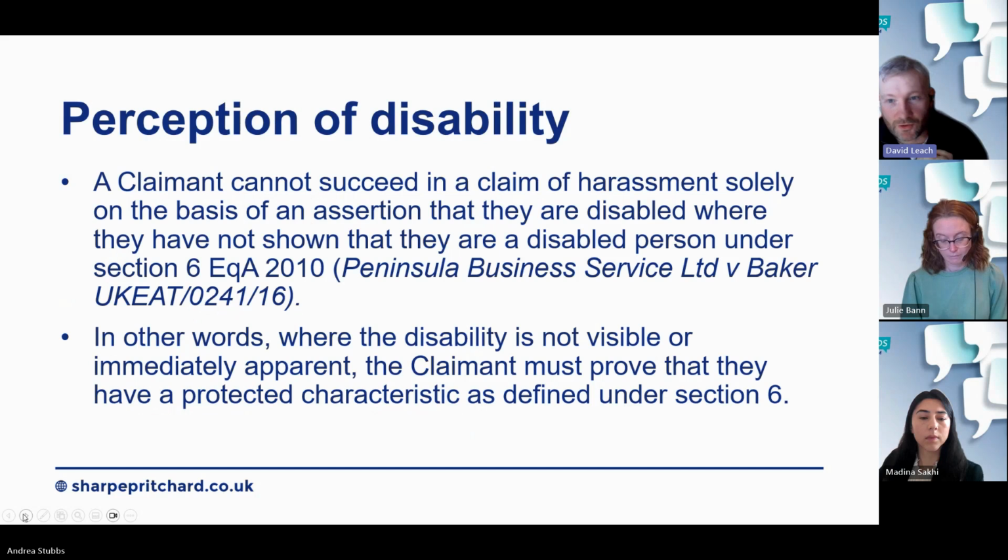So this is a slightly odd one when it comes to disability, and it potentially applies to protected characteristics in and of itself. Perception of a disability in and of itself can't lead to harassment. In this case, the claimant didn't actually have the disability.